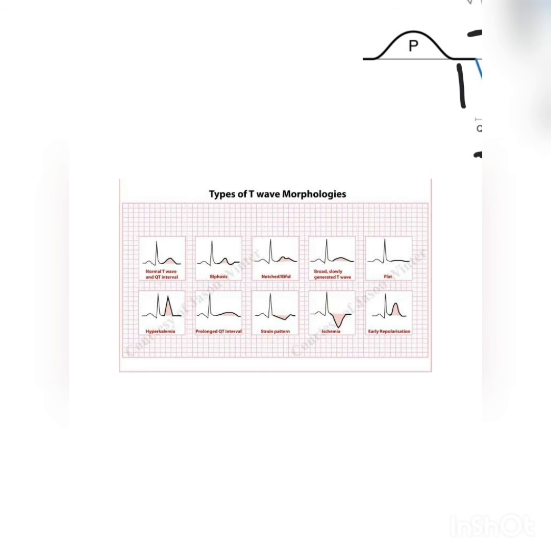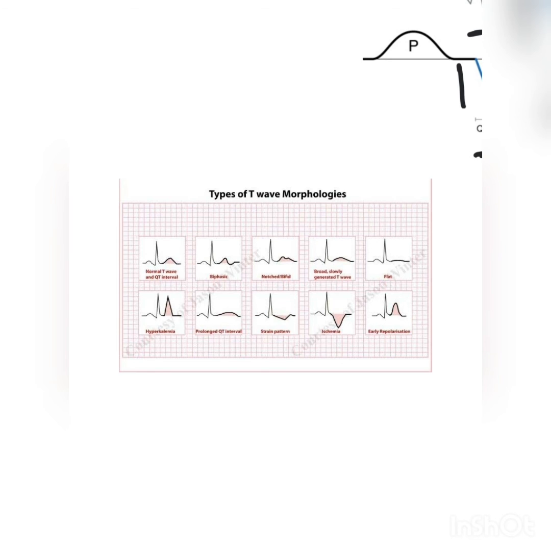The T wave is upright in all leads except AVR and V1. You remember, in AVR the P wave was also inverted. The T wave is inverted in AVR and V1. So if you see an inverted T wave in AVR and V1, it's not abnormal, it's normal.